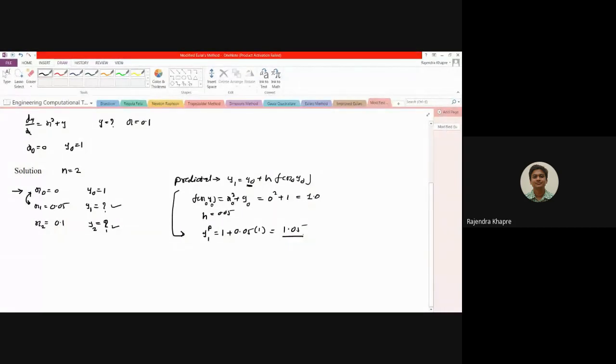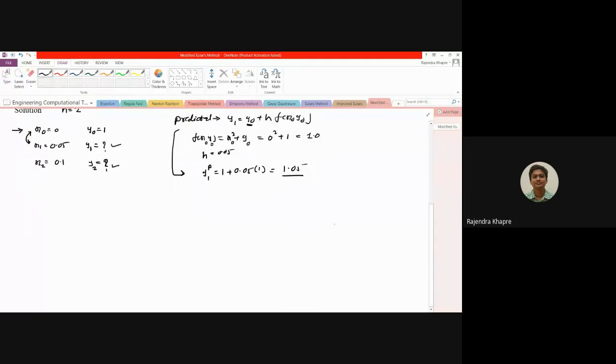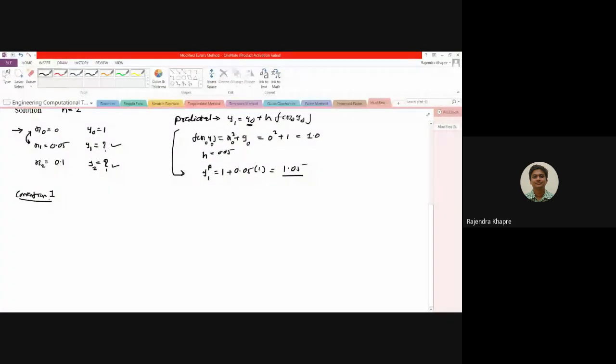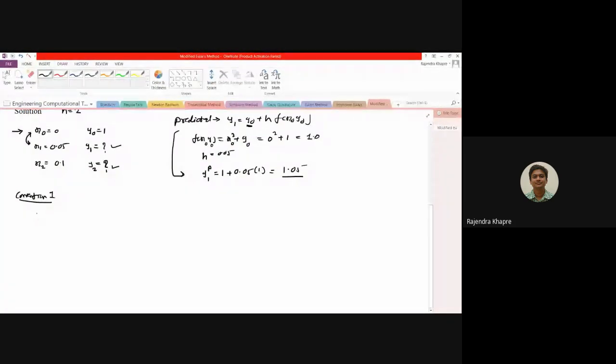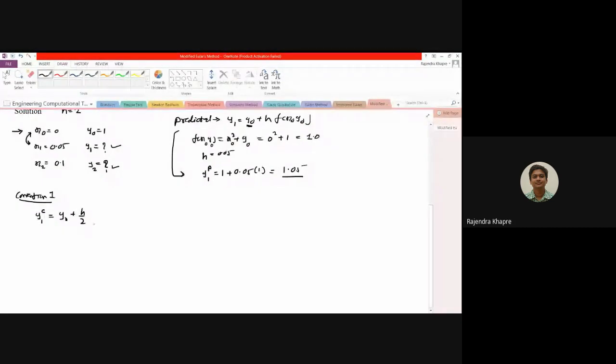Now once the predicted value is calculated, we have to go for the correction. So I am going for the first correction, correction number 1. y1 corrected equals y0 plus h by 2 into f of x0 y0 plus f of x1 and y1.